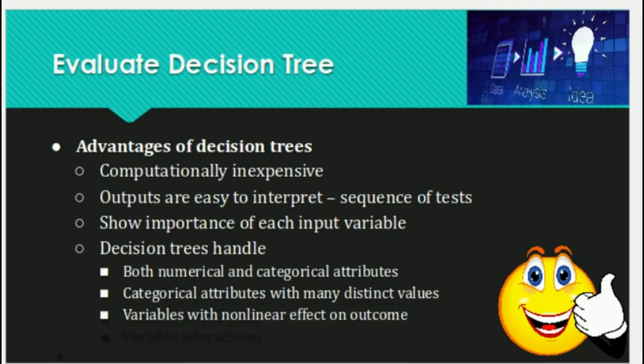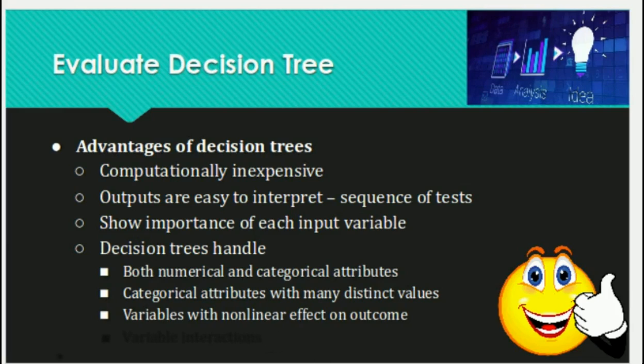Decision trees can handle categorical attributes with many distinct values, such as country code for telephone numbers. Decision trees can also handle variables that have a non-linear effect on the outcome, so they work better than linear models, for example, linear regression and logistic regression.